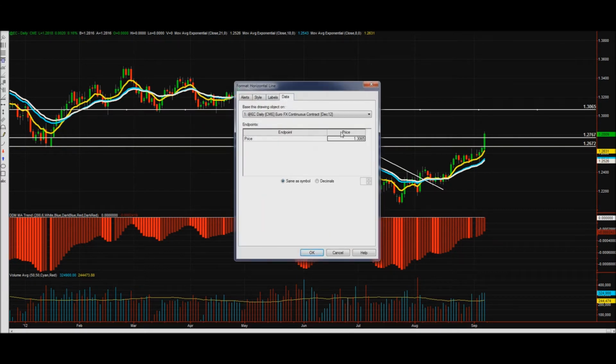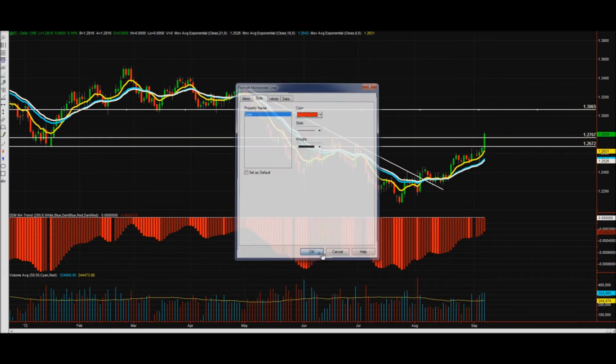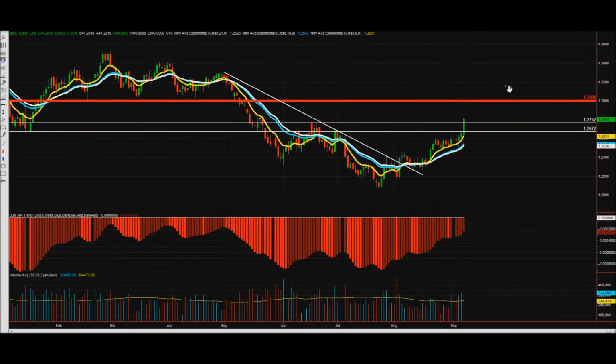Now, I've been watching a level on the chart here at $1.30. This was a major level that we broke, and it looks like we're coming back up to test it. I'm going to highlight this level here. It was a major support level. Support once broken becomes resistance. You can see all of the tails at $1.30, and when it broke this level, it really went. So we're probably looking at an area of liquidity.